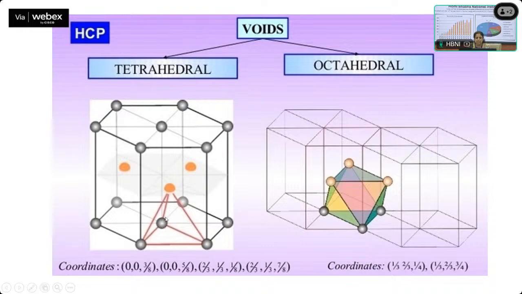If you see that this is your vertex, so the tetrahedral void will exactly be above it. So its x and y coordinate will be 0, 0. And the z coordinate would be closer to your b axis, which we call 4 by 8, and it has to be 1 by 4 below it, so 3 by 8.